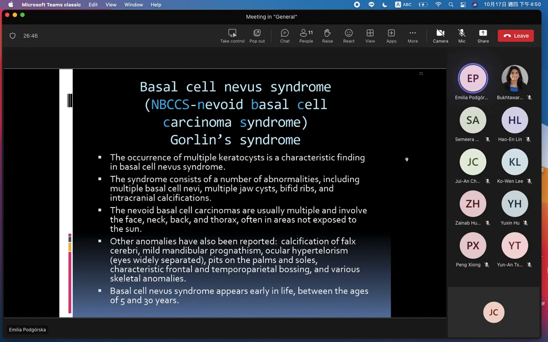Other abnormalities have also been reported, like calcification of falx cerebri, mild mandibular prognathism, ocular hypertelorism, pits on the palms and soles, characteristic frontal and temporoparietal bossing, and various skeletal abnormalities. Basal cell nevus syndrome appears early in life, between the ages of 5 and 30 years.